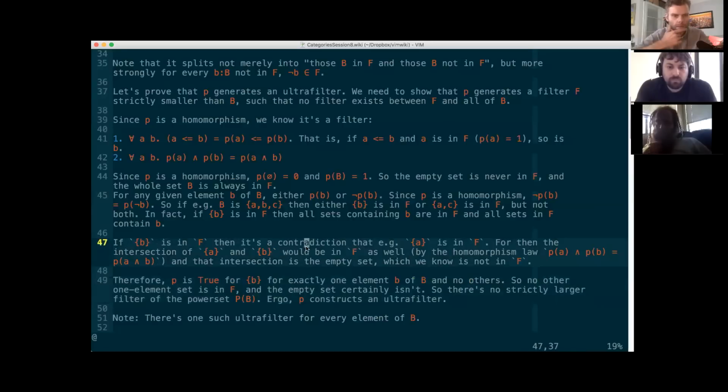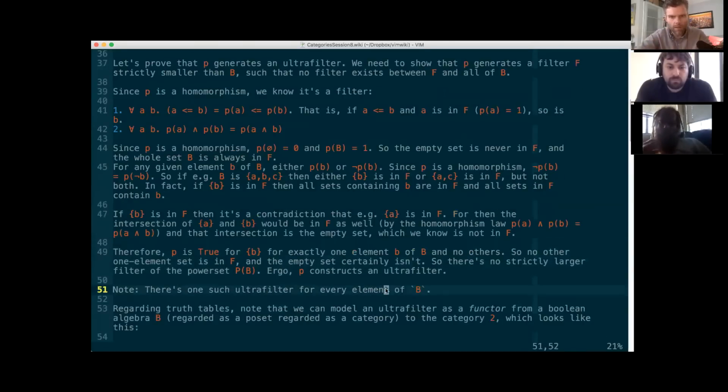What are you reading? So line 51, you say there's one such ultrafilter for every element B? Yes. If I have the power set of B, for every element in the power set, there's also an ultrafilter for that? Yeah. Then you consider the Boolean algebra being the power set of the power set.